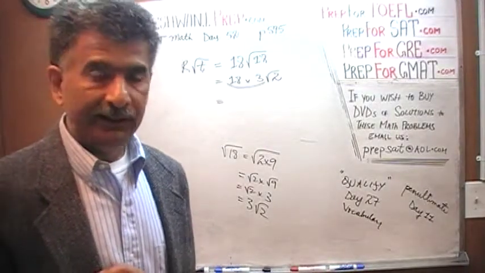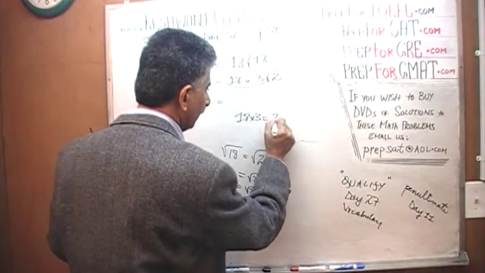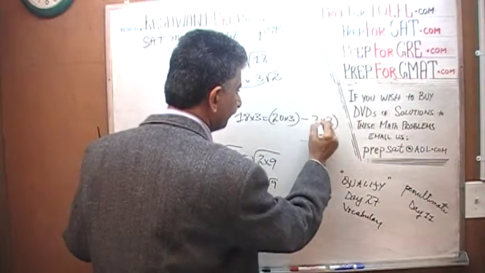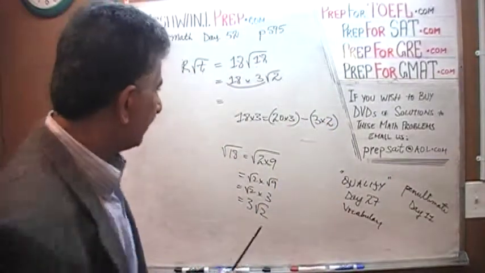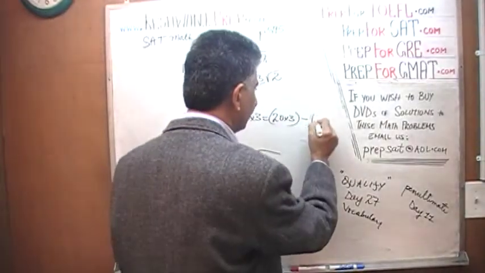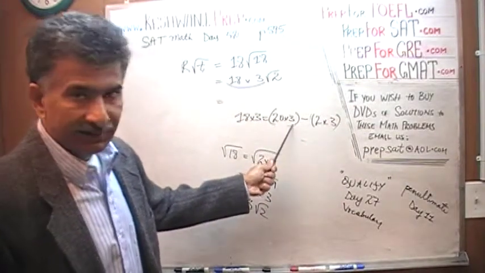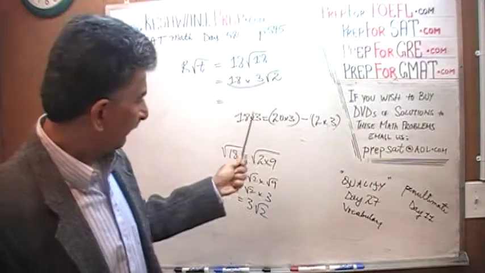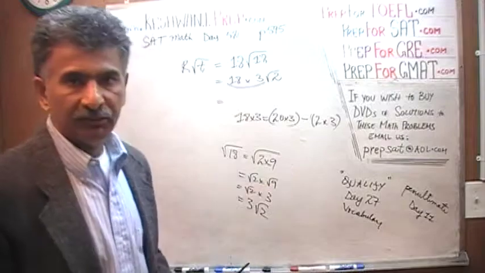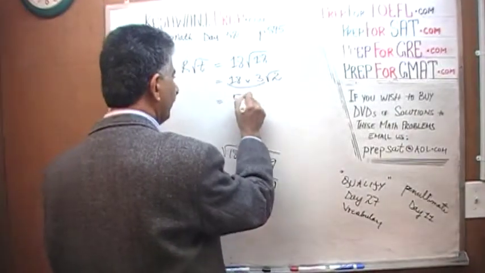In other words, 18 times 3 must equal 20 times 3 minus 2 times 3. We have 20 threes, we subtract from it 2 threes, and that must equal 18 threes. That's very straightforward. This is just 60 minus 6, which is 54. So it's 54 times root 2.